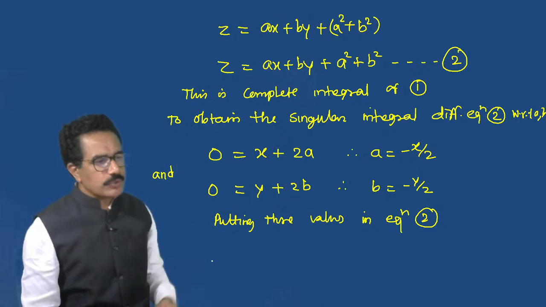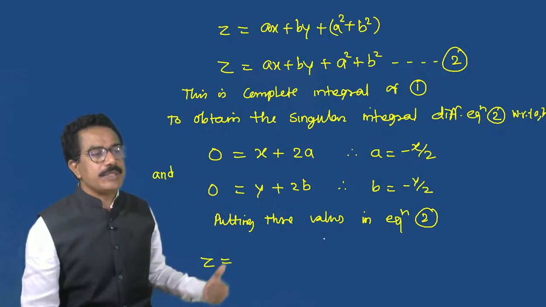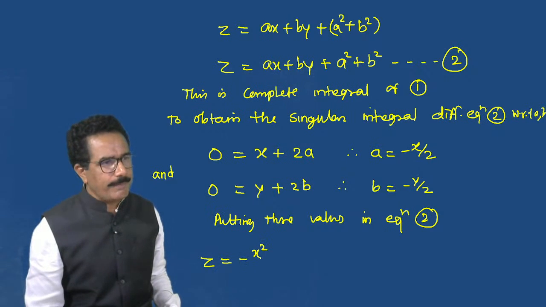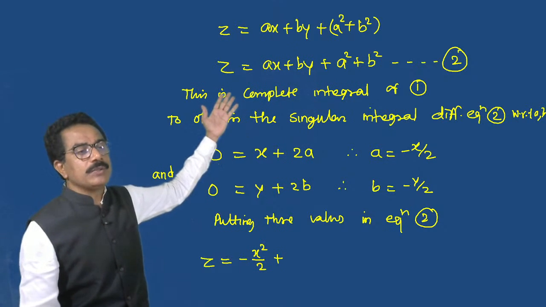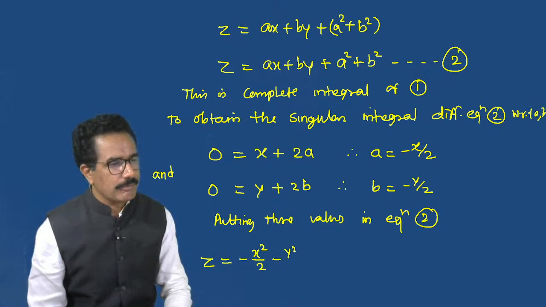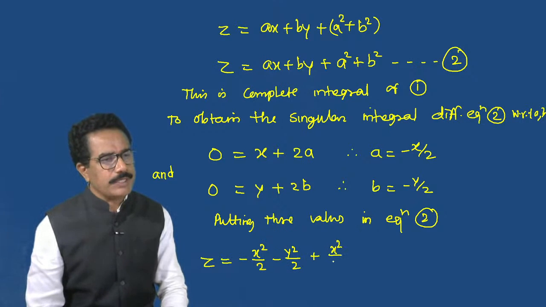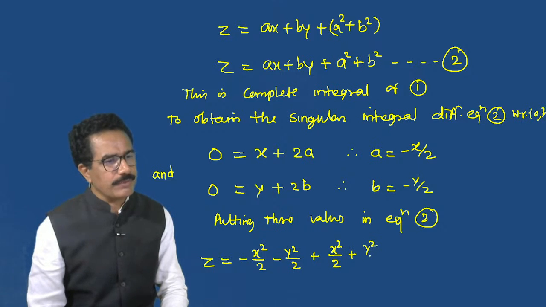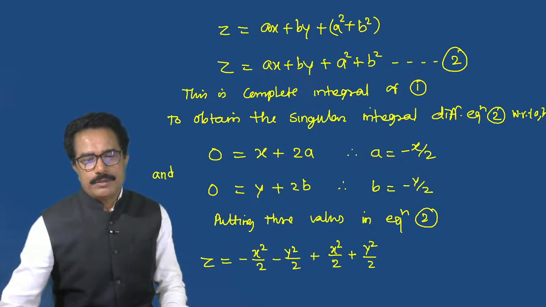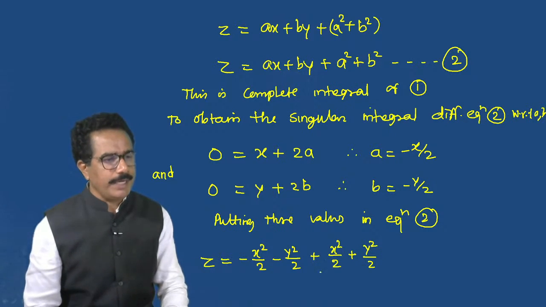Now put this value, so we will get the singular integral z is equal to, A means minus x by 2, so minus x square by 2, B means minus y by 2, so minus y square by 2, plus A square means x square by 4, plus B square means y square by 4.